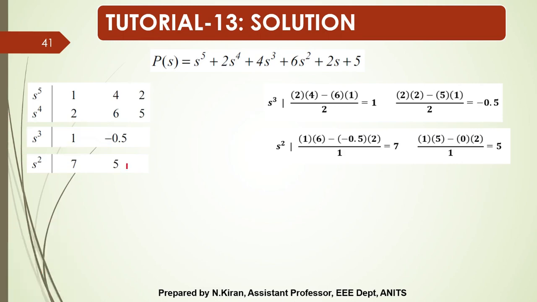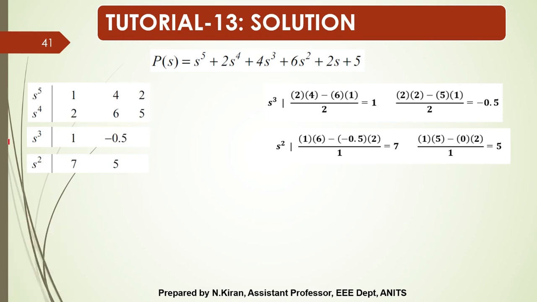The next element can be obtained; anyhow this element is 0, so it is 1 into 5 minus 0 into 2 divided by 1, which gives me the second element in the corresponding row s square, which is 5.